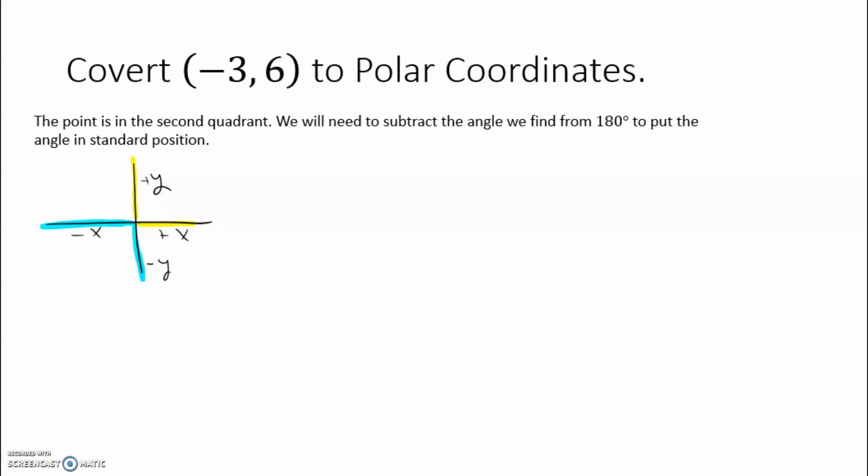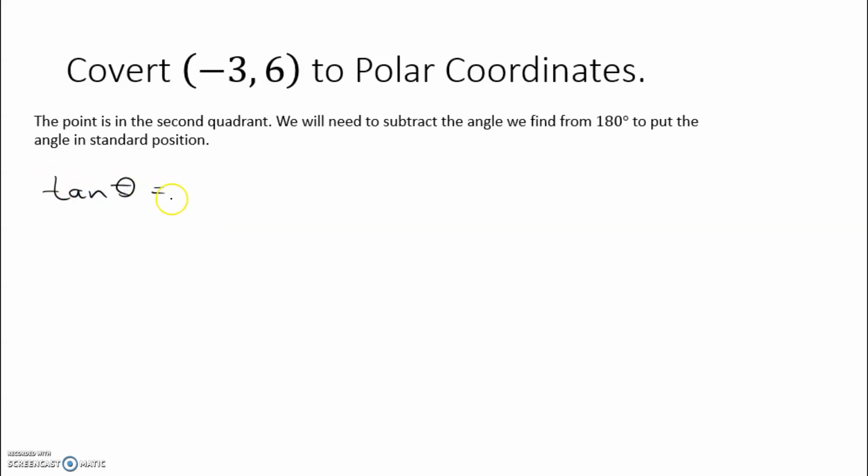So if x is negative and y is positive, it looks like we are in quadrant 2. Okay, so keep that in mind when you're looking for the angle, because that has to be in standard position. So we'll go ahead and find that angle.